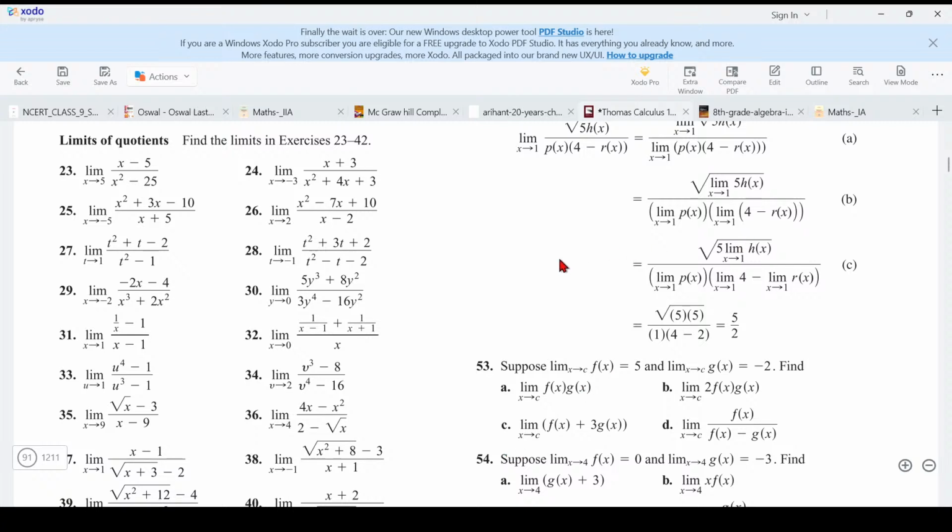One second. 2 by x square minus 1, which is minus 2. Okay, that's what you're getting.